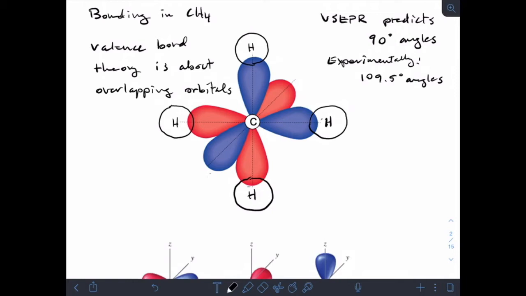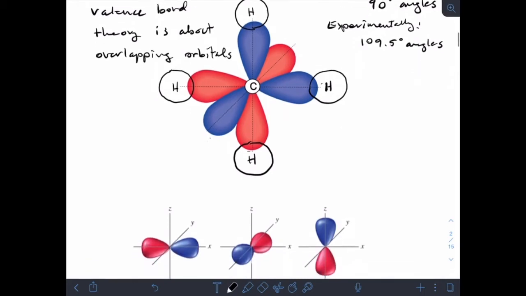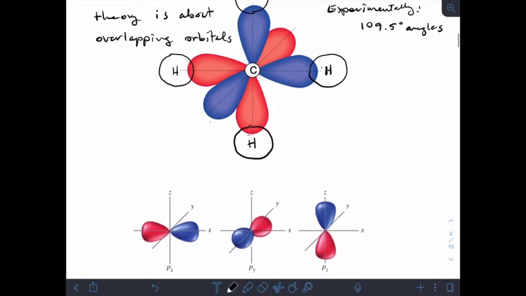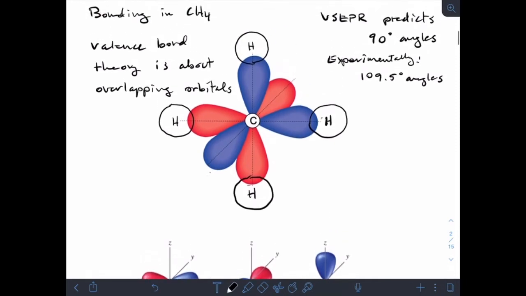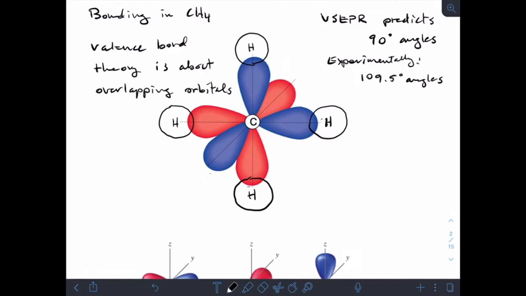Taking a look down here, these are the p orbitals of carbon, and they exist in the x, y, and z directions, right? And so if VSEPR is completely correct, then these three p orbitals will orient themselves as far apart as possible, just like it's shown in this particular drawing.